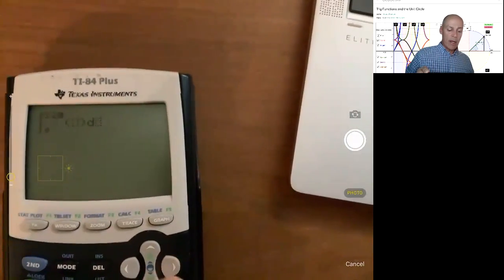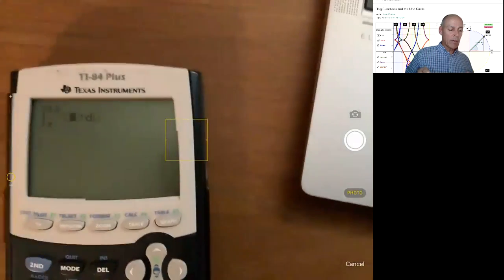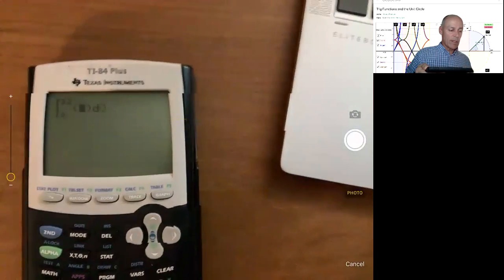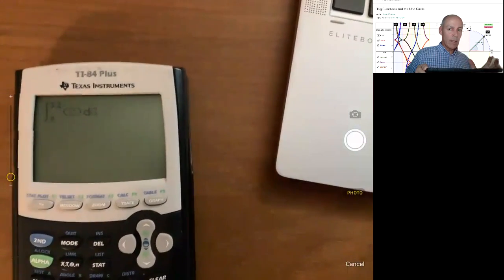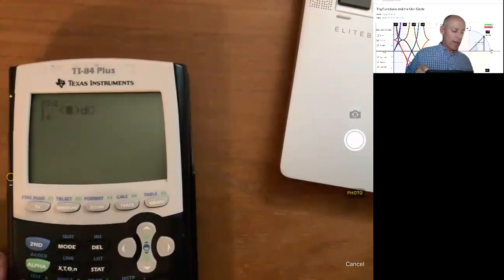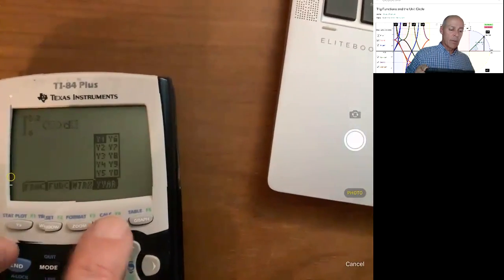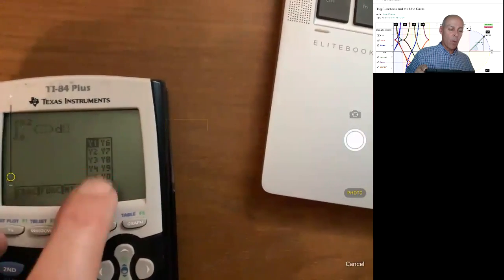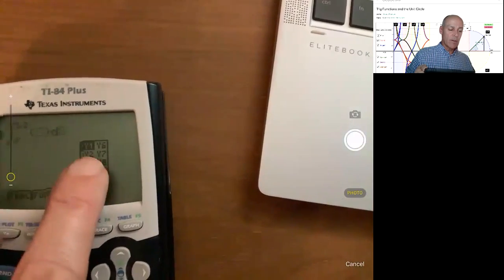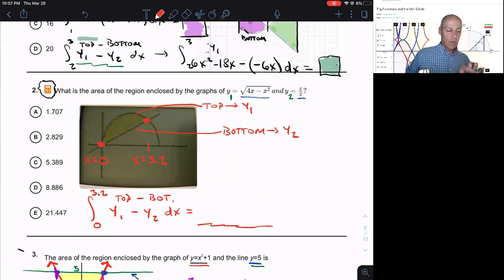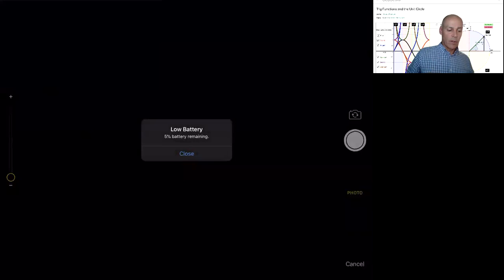Okay, and then I'm going to right arrow, and now to put my integrand in, there's a couple ways you can get there, but I want to get to my y1 and my y2 functions. One way I can do it is I can go to alpha and then trace. And what that does is that brings up all my y functions. Okay, so again, it's y1 minus y2. Okay, let's double check. Yep, y1 minus y2. So make sure I had the order correct.